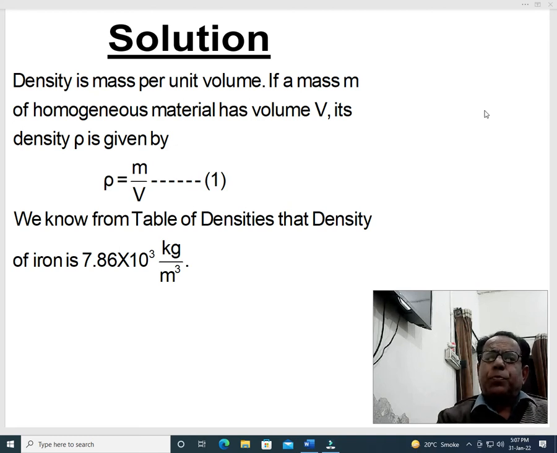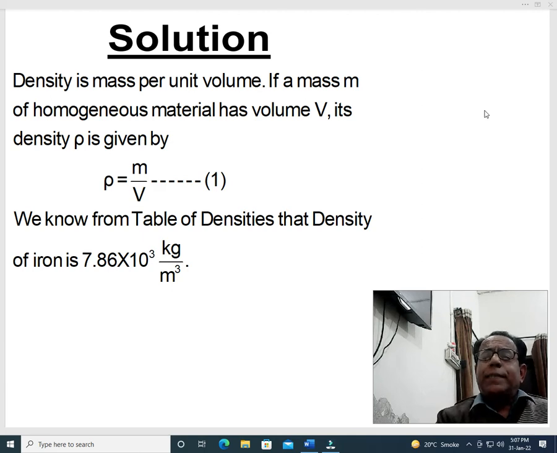Okay, we know from the table of densities that the density of iron is 7860 kilogram per meter cube.